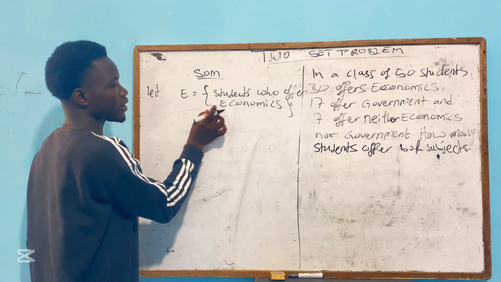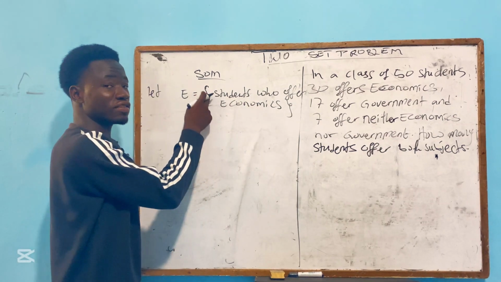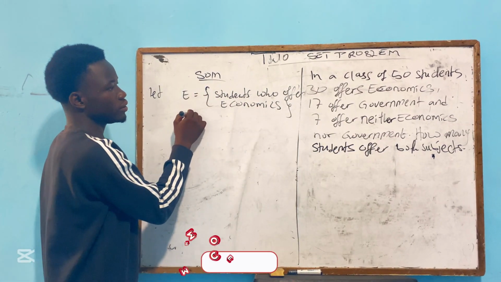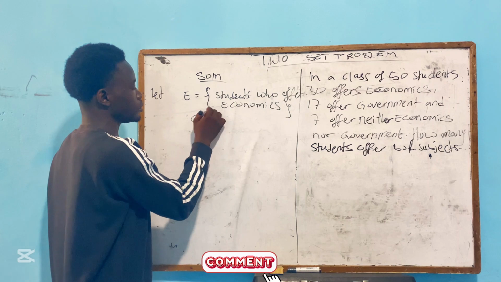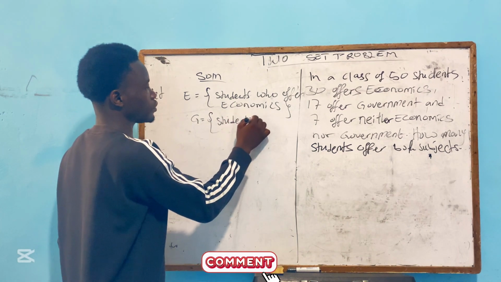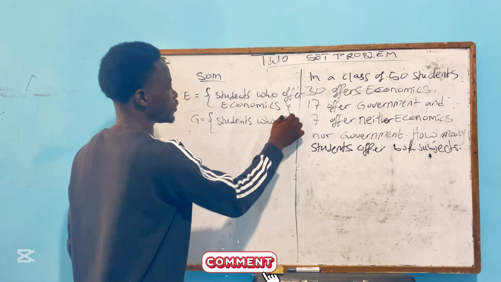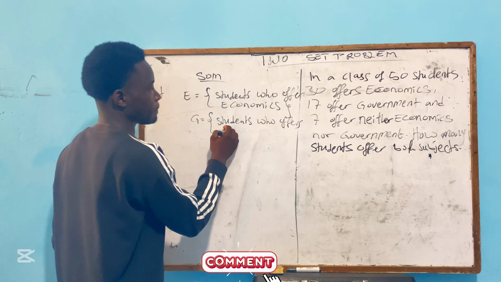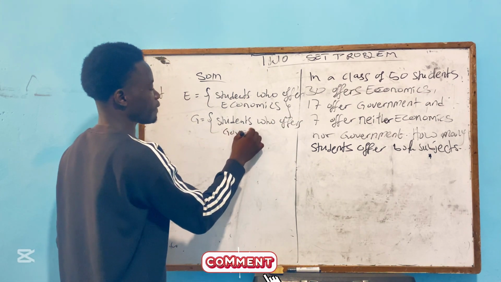The meaning of the curly bracket is "set of", so you don't have to write "set of" inside here. Then G, the set of students who offer government.